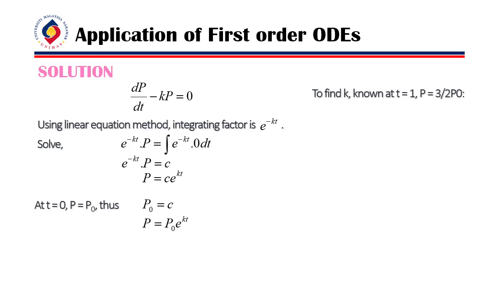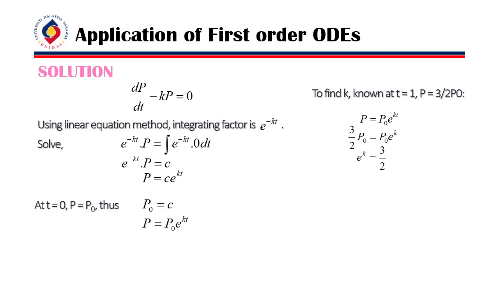All right, so at t equals 0, P is equal to P naught, thus P naught is equal to the constant, so we can get this equation. This is the equation that we have derived, and then we substitute to find where after 1 hour the population is increased by 3/2.